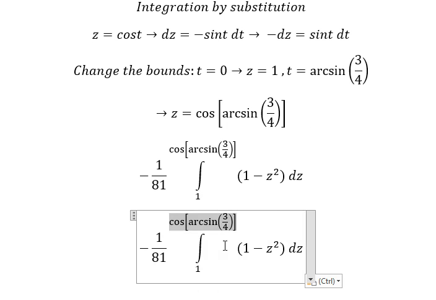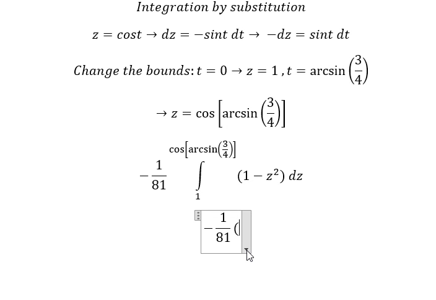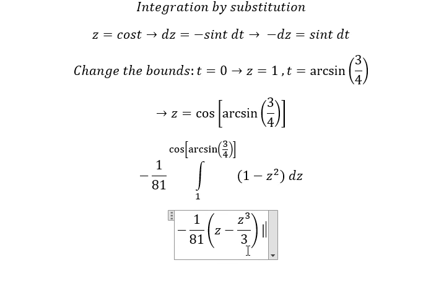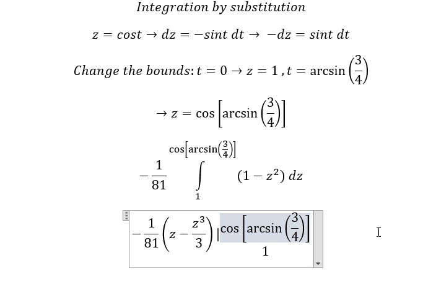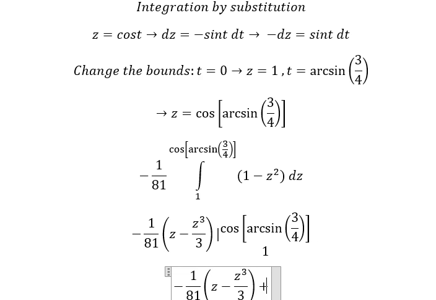Now the integration of 1 is z. The next one is z to the power of 3 over 3. And I will put the bounds from 1 to this one. Now we have the final answer.